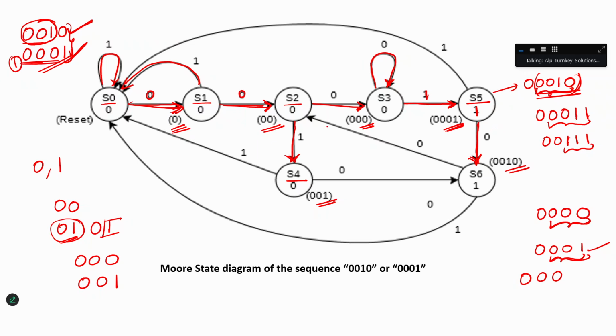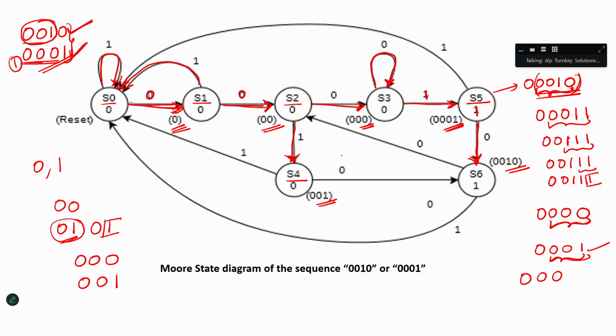Not matching. Next, last 2 sequences. Not matching. Next, 1 sequence. Not matching. If it doesn't match any sequence, it will simply go to the reset state. If it is 1, it will go to the reset state.